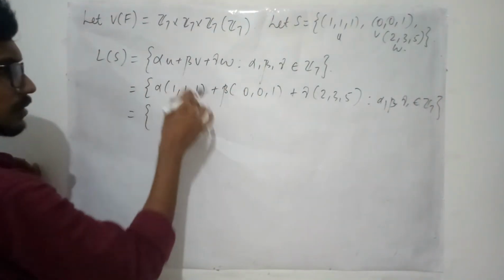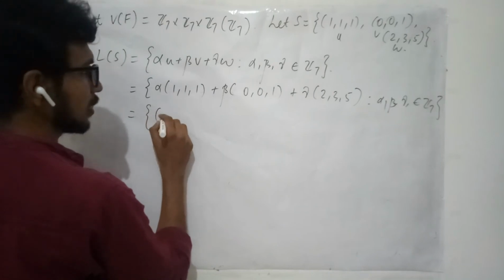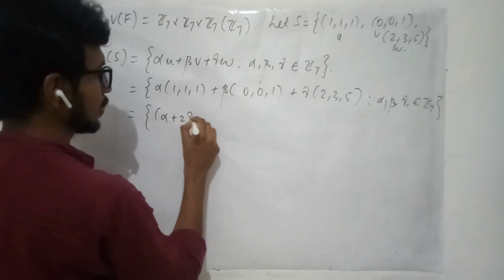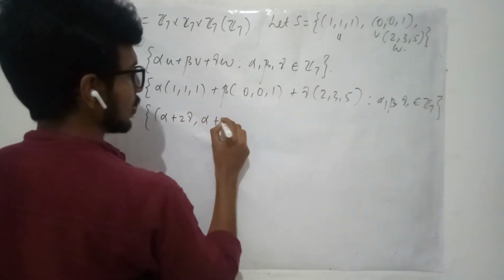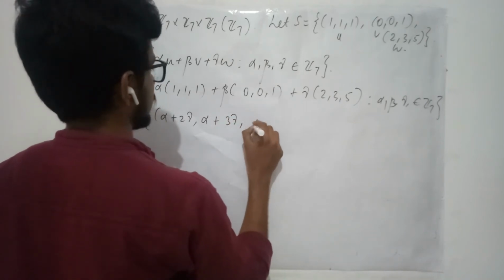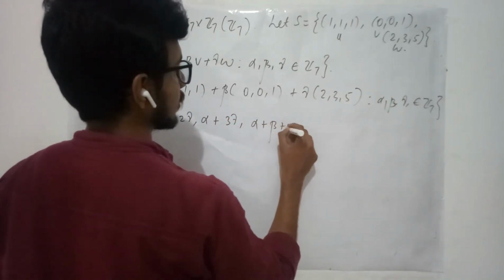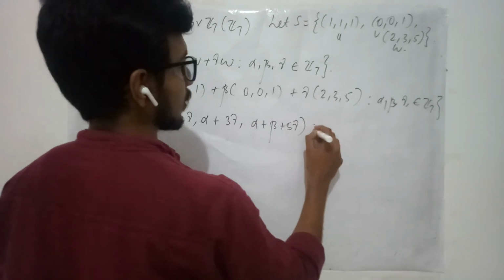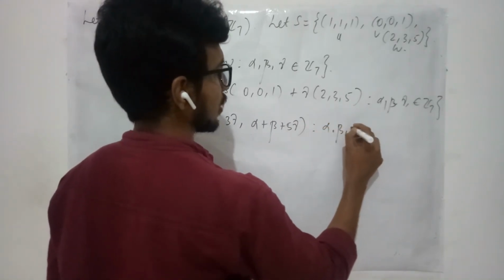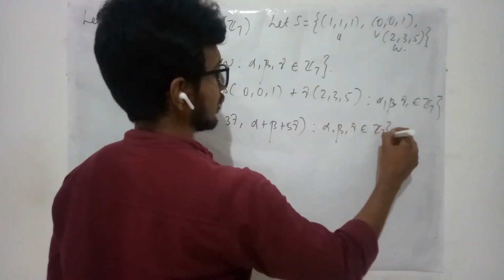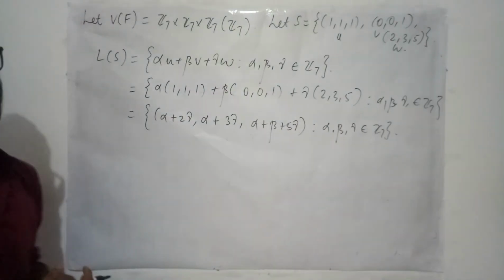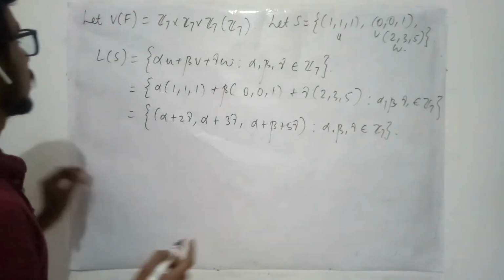So when I make scalar multiplication and make the addition, I will get (alpha plus 2 gamma, alpha plus 3 gamma, alpha plus beta plus 5 gamma), where these entries are taken from Z7. So this is my linear span, right?